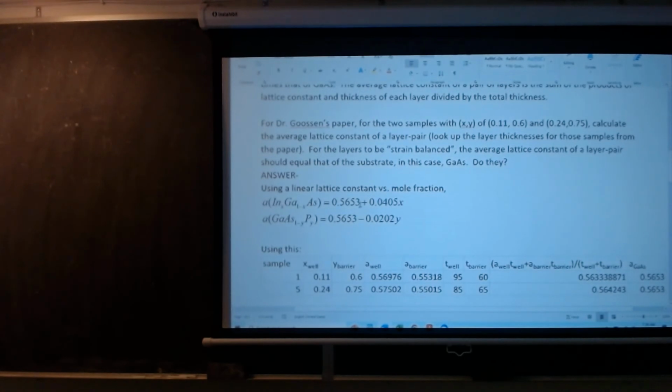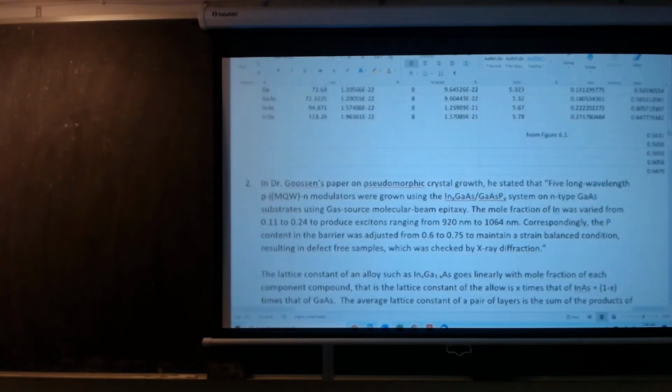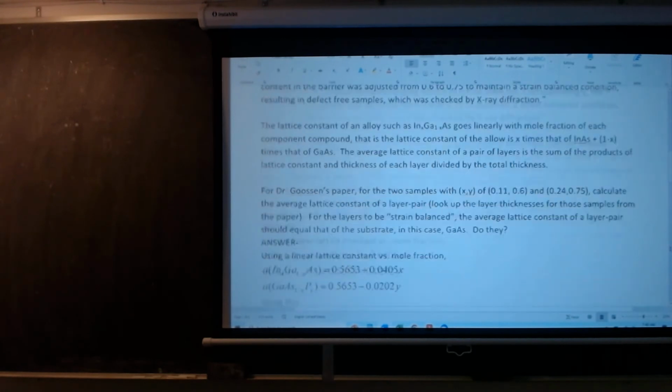So basically, these numbers you can look up or can come from problem 1, because you know the lattice constants of gallium arsenide and indium arsenide. I guess we didn't do the phosphides here, so you had to look that up.